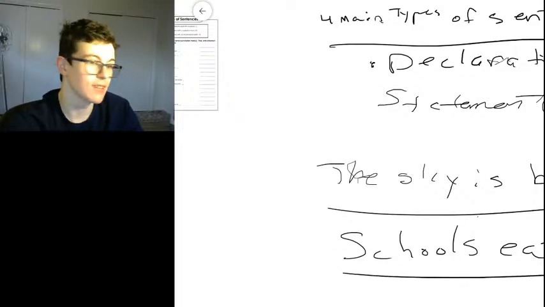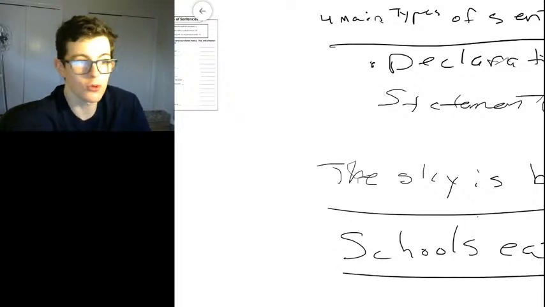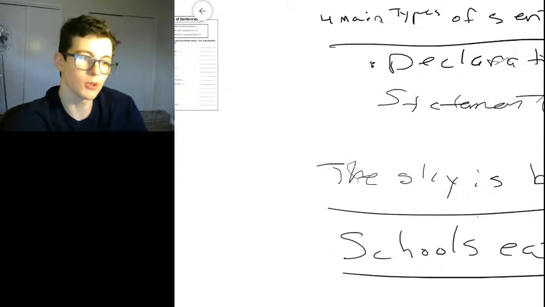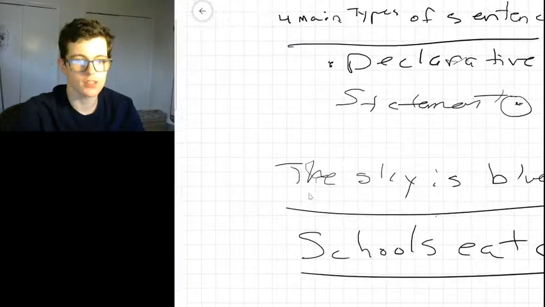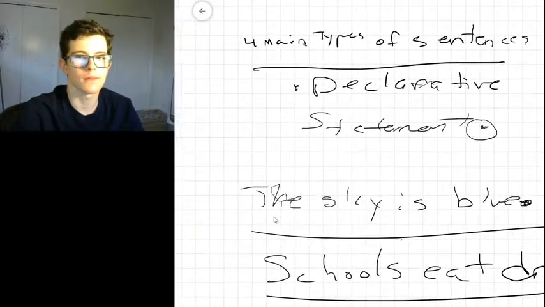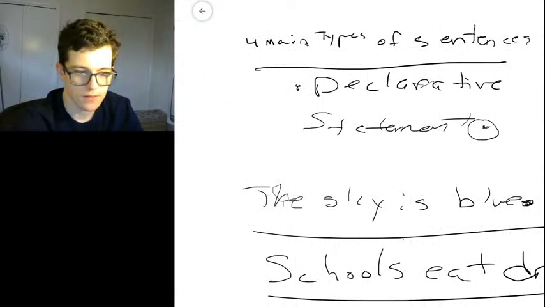It states something. It doesn't have to be real or feasible, it just has to be grammatically correct. So think of your declarative sentence as just a type of statement.